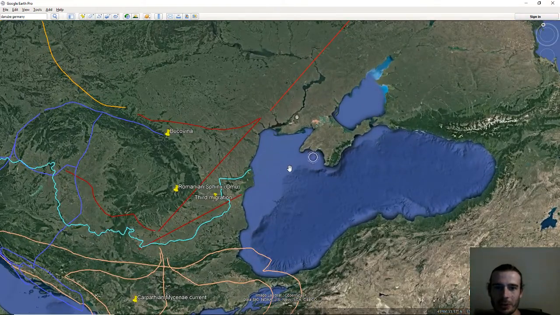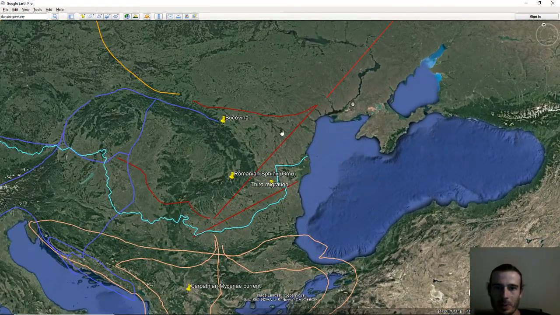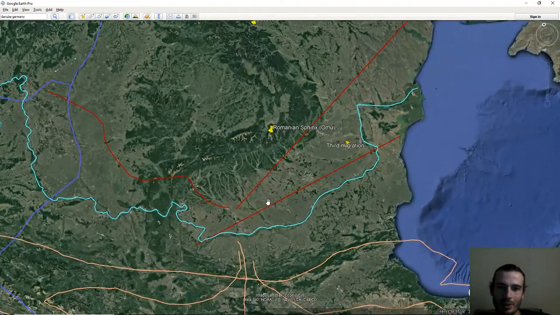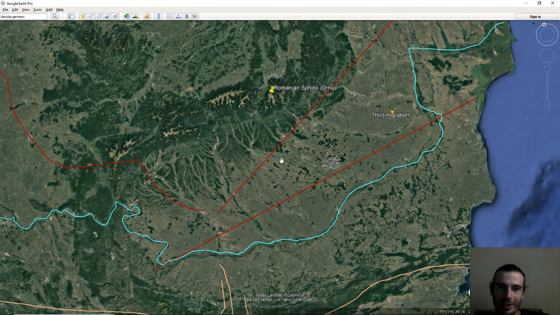And they went through what would be Moldova today, and then up to Wallachia, which is this area today. If you see a Romanian Sphinx almost right there, that's kind of like the border. So the mountains themselves are like halfway between Wallachia and Transylvania, and both are Romania today.